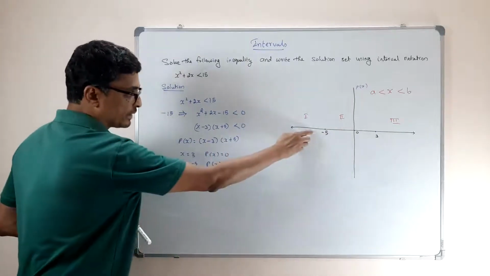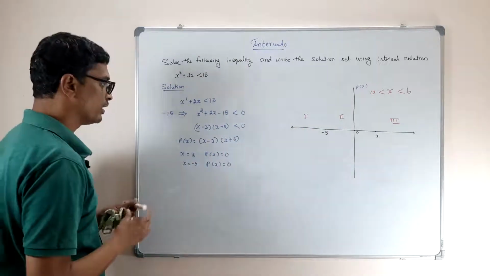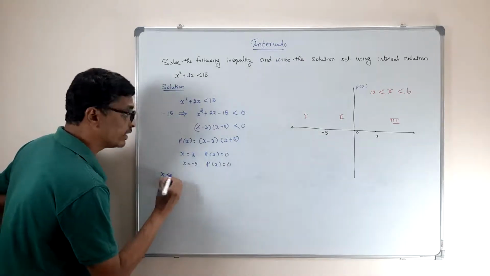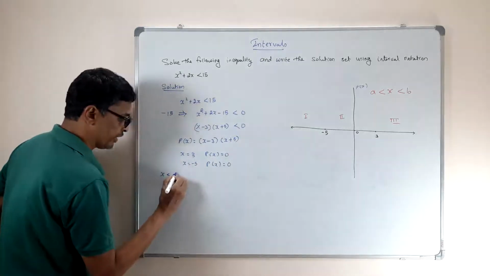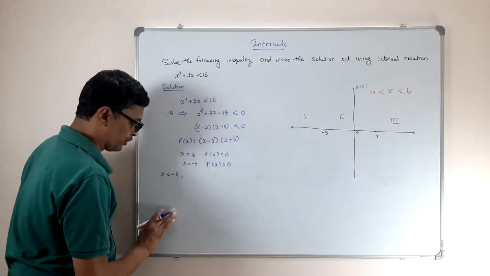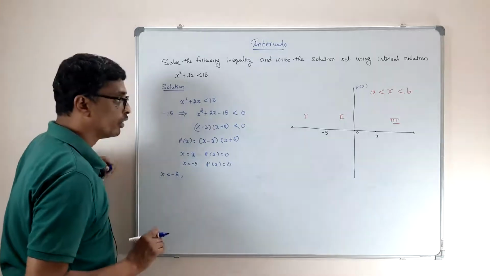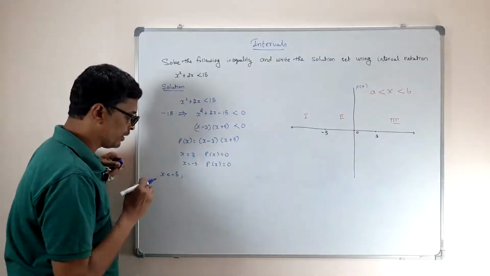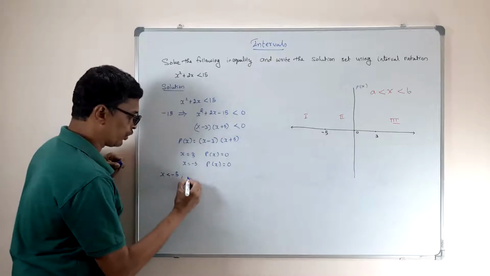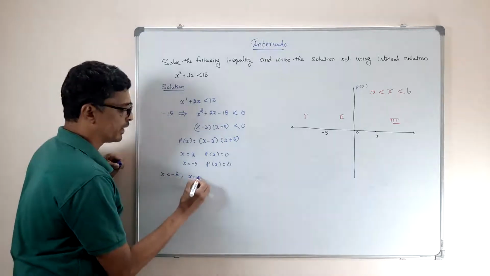Now let us take the left region. What's the left region? x less than minus 5. Let us take one example value, minus 6.